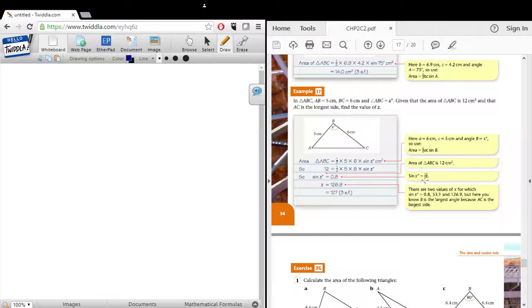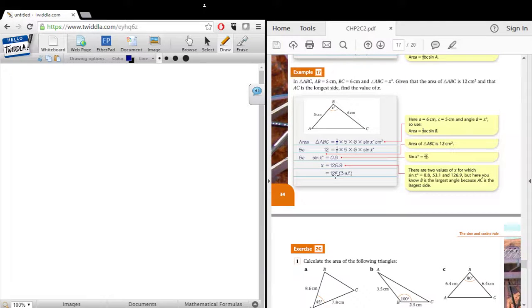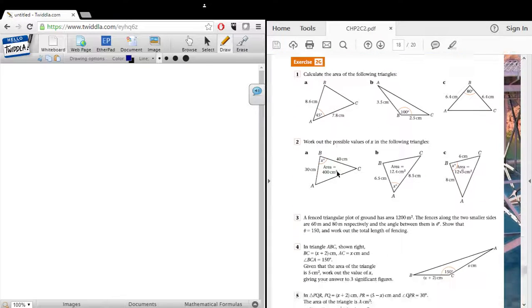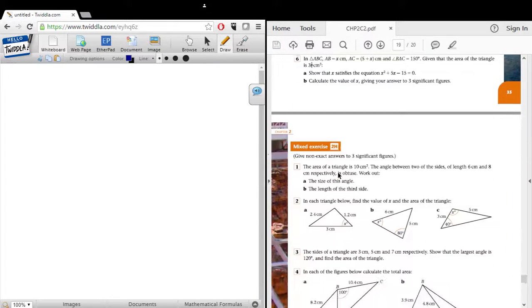I think that says 12 over 15, and then we can get this value here by taking the inverse, to the power of -1.